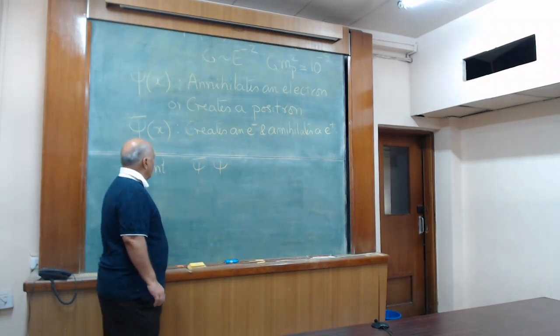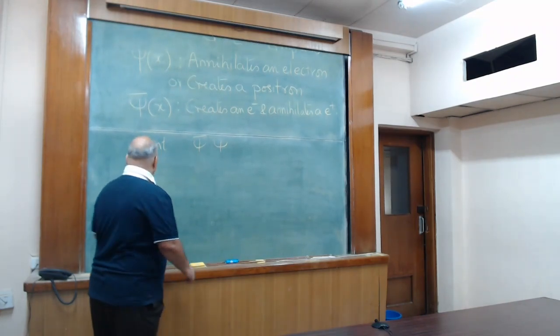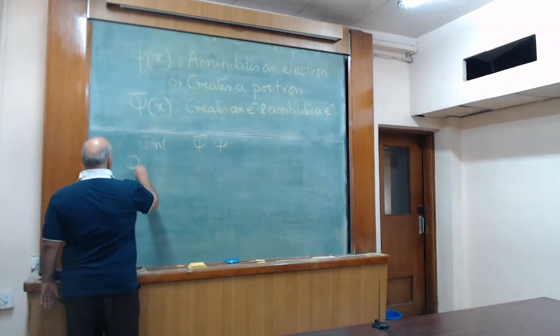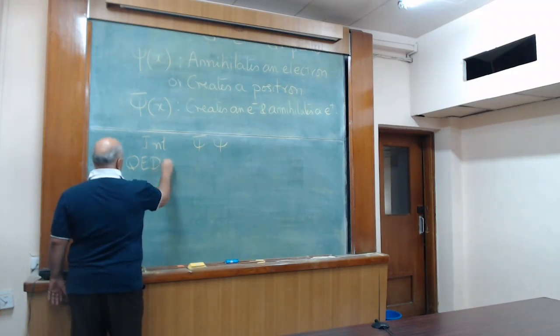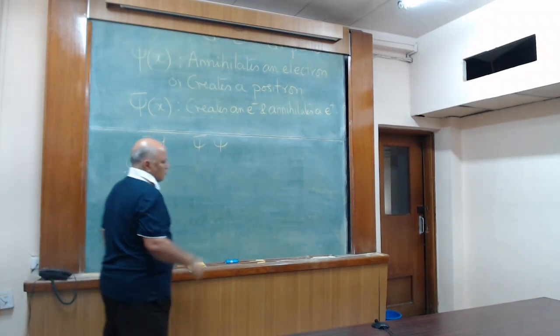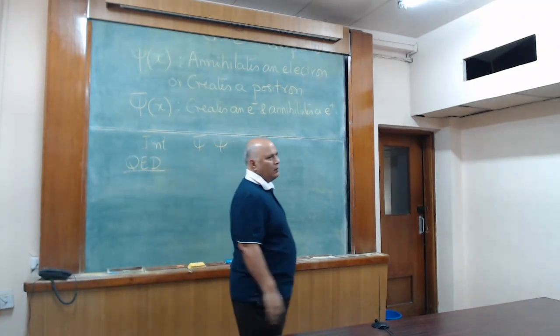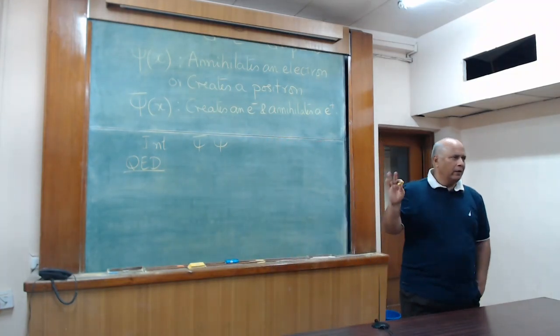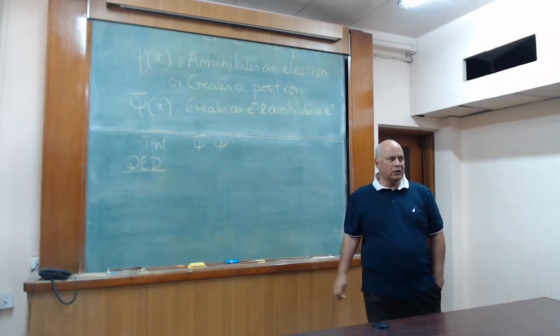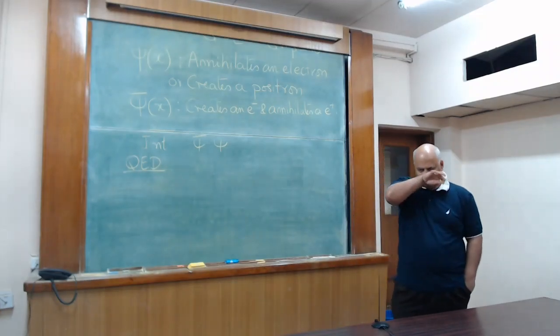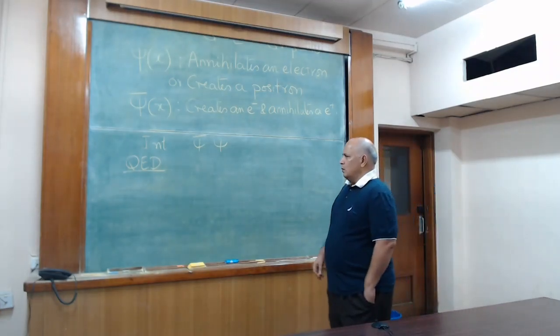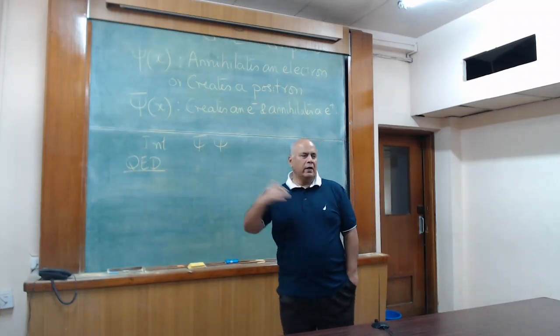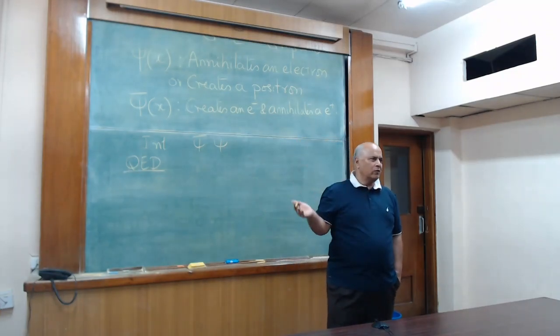Now let us look at quantum electrodynamics, the basics of which were developed between 1928 and about 1930 or so, which describes the interaction between electrons and photons.